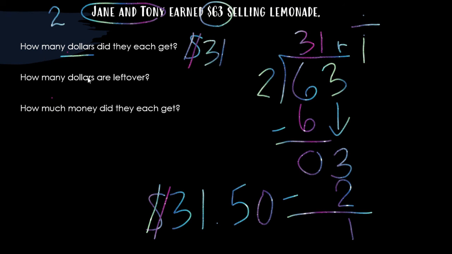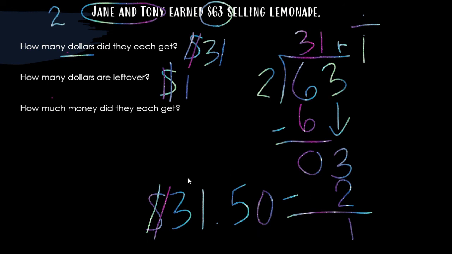If we look at the next question that could be asked for this story, how many dollars are left over? Well, we had $1 that was left over. So I would say $1. And the final question, how much money did they each get, is implying that they want us to use that remainder.